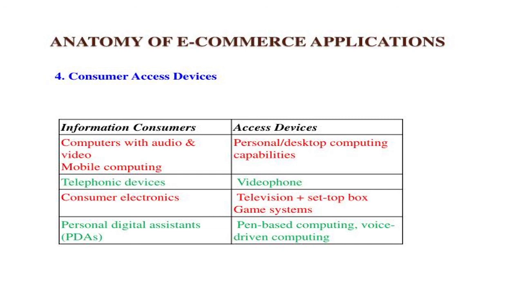If he wants to access information through telephonic devices, then access devices can be video phones. If the information consumers are consumer electronics, then the access devices used by them are a television, set-top box, game systems, etc.